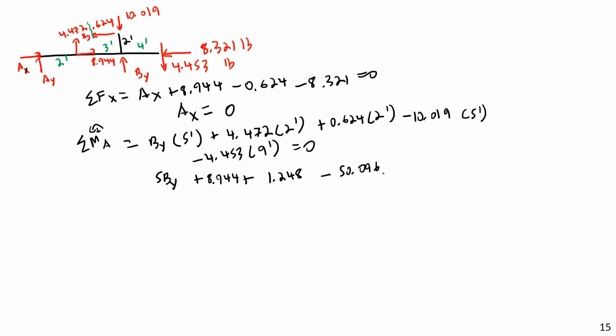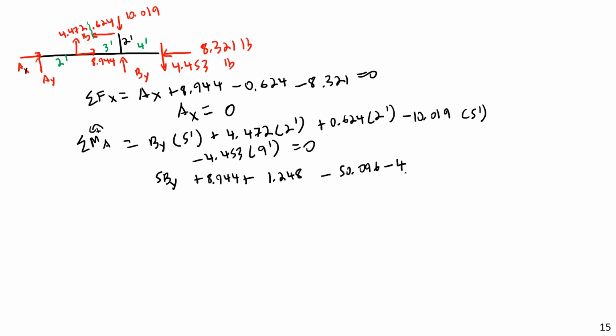And then the negative 4.453 times 9. Basically when I say where are you hiding, I'm asking myself where in the calculator they're hiding, because I'm just copying and pasting as I go.